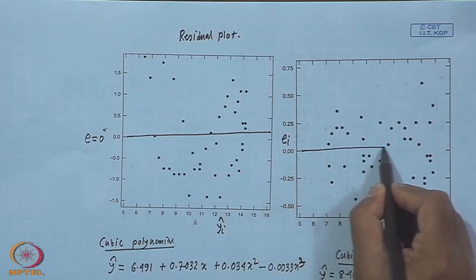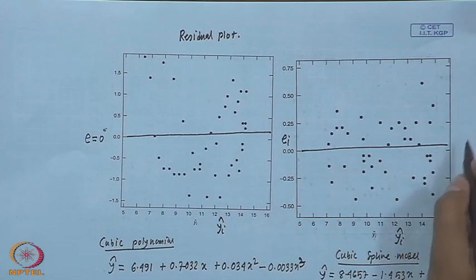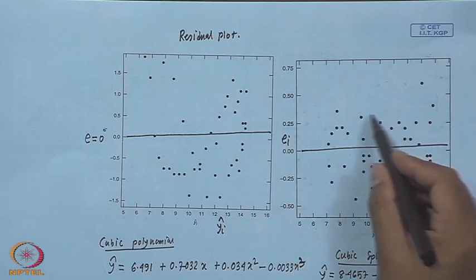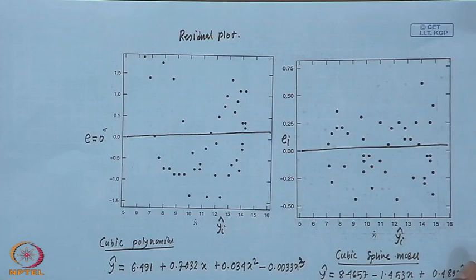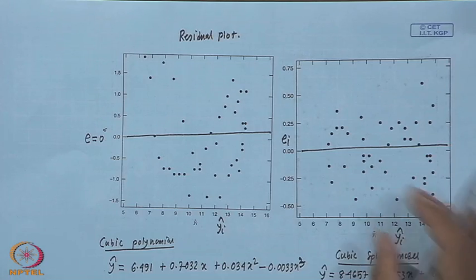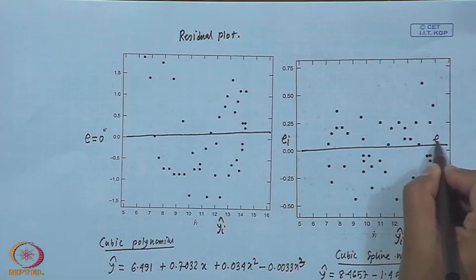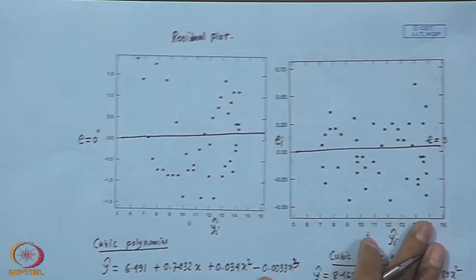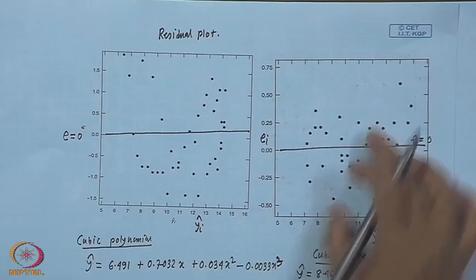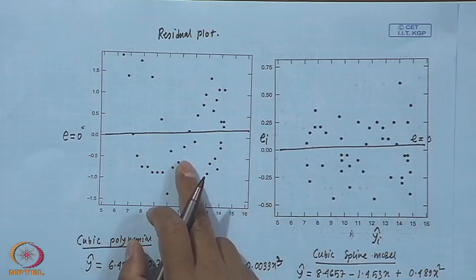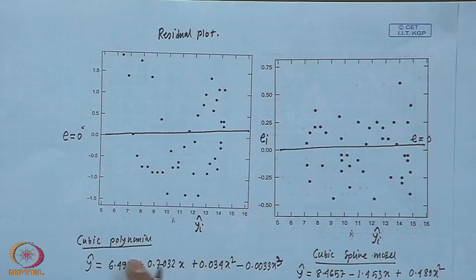Here I believe the residuals are almost centered about the line e equal to 0. So this residual plot is better than the residual plot for the cubic polynomial fit.